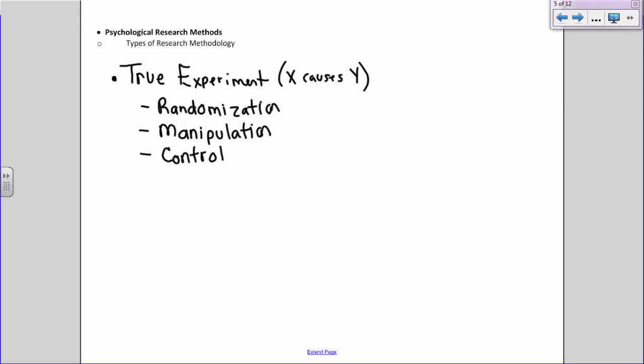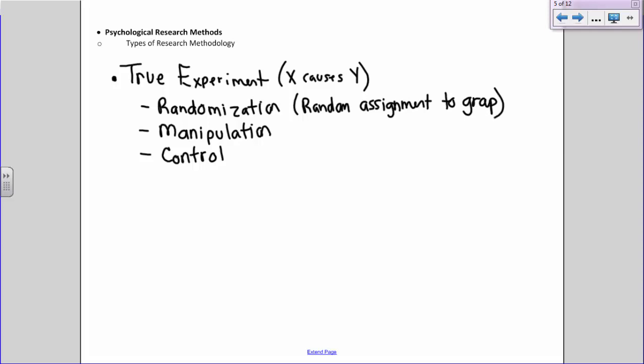Randomization doesn't necessarily mean random selection, although that would be nice if you had a random sample. Randomization means that people in the study are randomly assigned to different conditions or groups. So random assignment to groups.